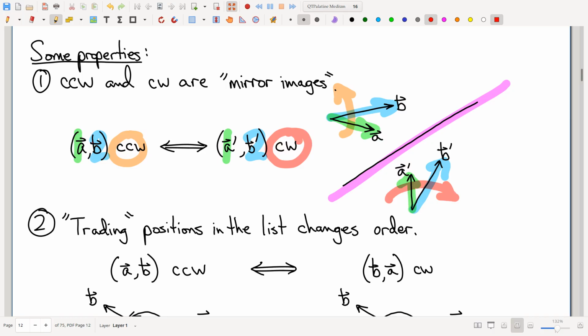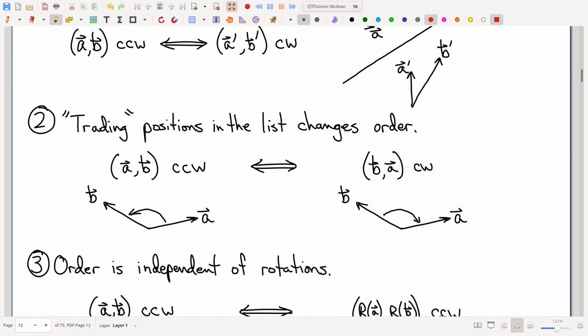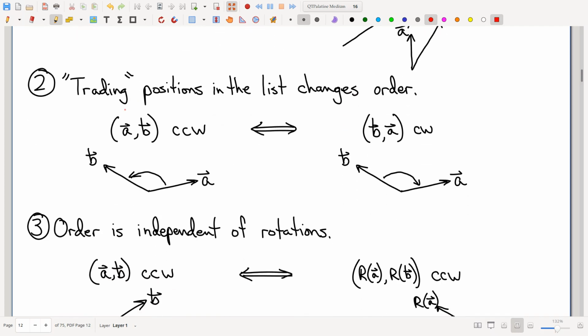So along those same lines, another natural property: if you trade the positions in the list, so notice if I put the A where the B was and put the B where the A was, like so, then what had been counterclockwise becomes clockwise.